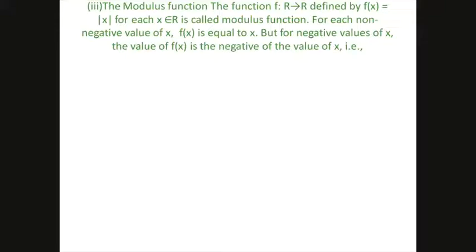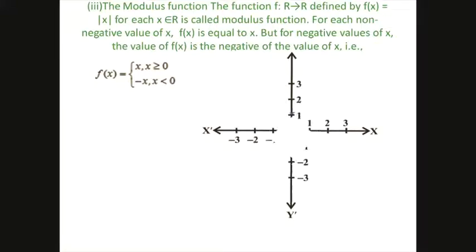We all know for each non-negative value of x, f(x) = x. But for negative values of x, we have to take minus of x to compensate that negative sign, so that it gives the value as positive. Like f(x) = x when x ≥ 0 and -x when x < 0.